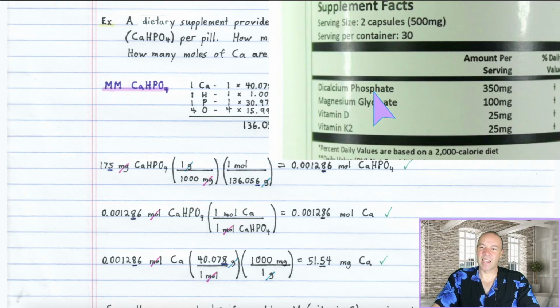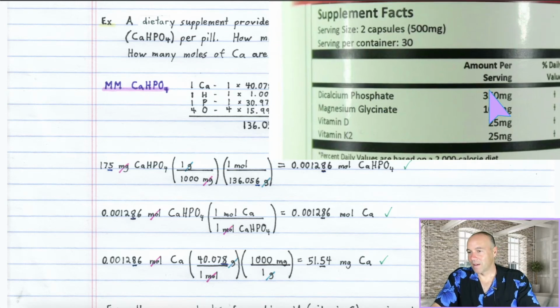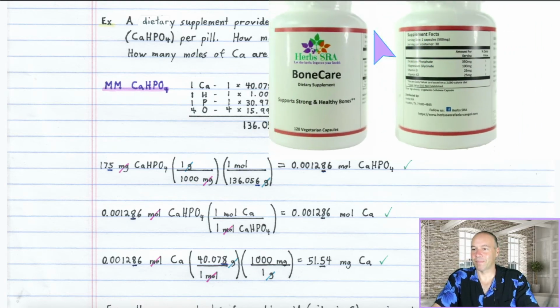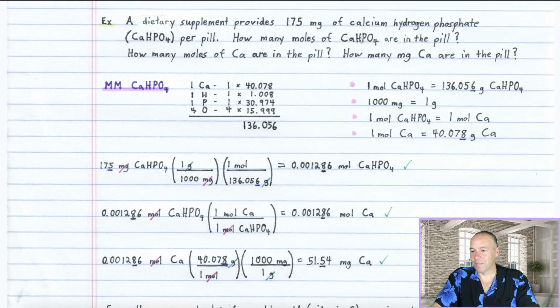Here they call it dicalcium phosphate. We'll call it calcium hydrogen phosphate, which is the appropriate name. And the amount per serving is 350 milligrams, but we see that the serving size is 2 pills, okay, 2 capsules. So each one contains 175. And so each pill contains 175 milligrams of the substance.